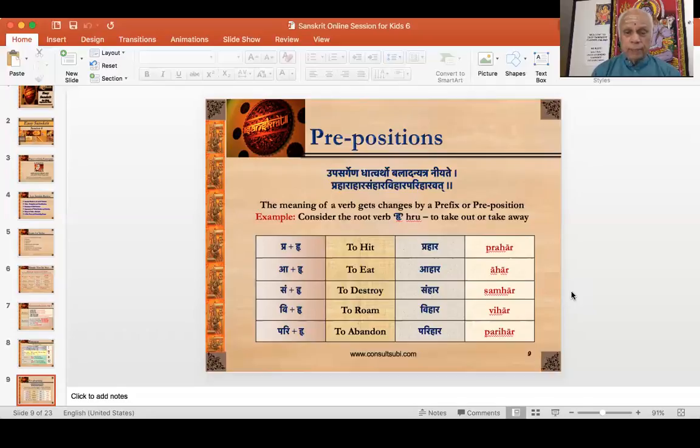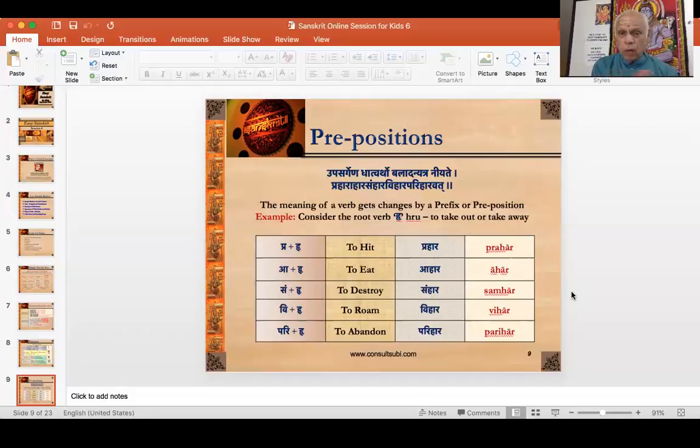Okay, lastly, if you add pari, for example, to the root hr, you get parihar, a preposition called parihar, which means to abandon, to give away, to leave.